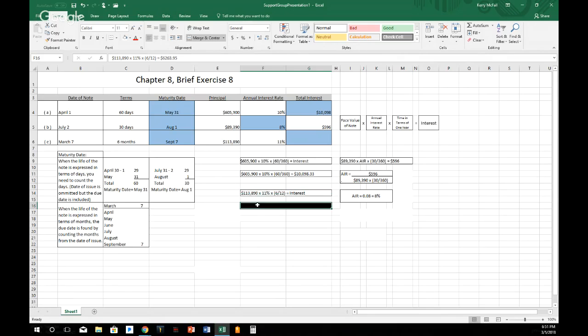As we plug those numbers into our equation, we get a total of $6,263.95. And we are going to round to 0 decimal points, which gives us an amount of $6,264. And that would complete that problem.